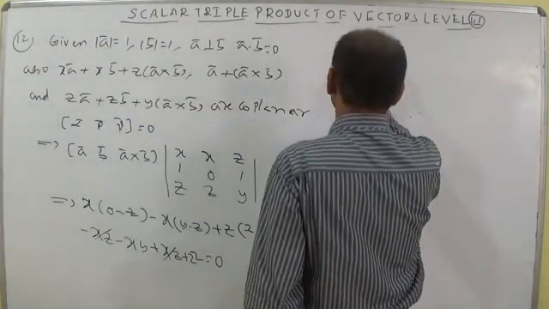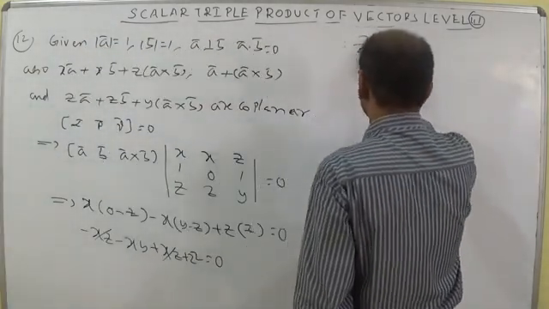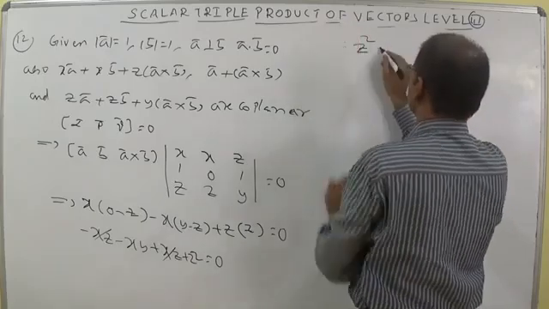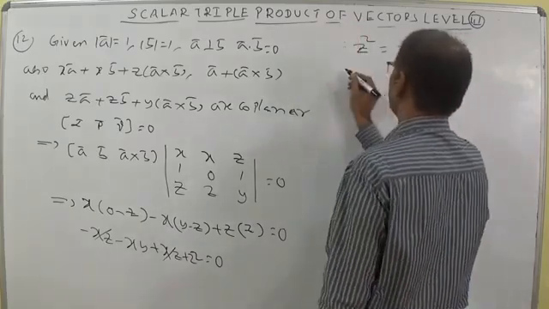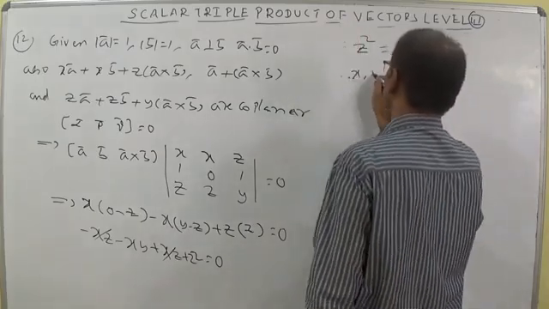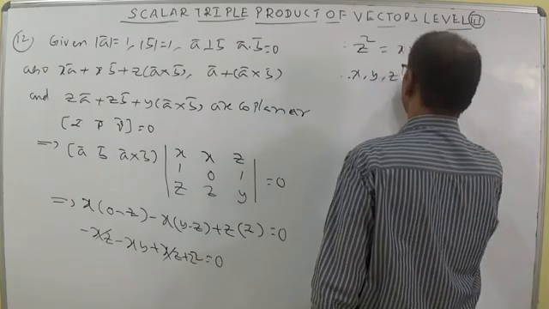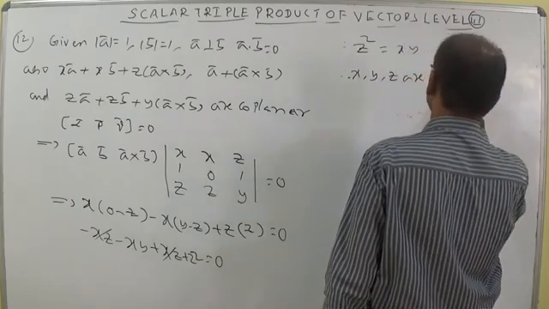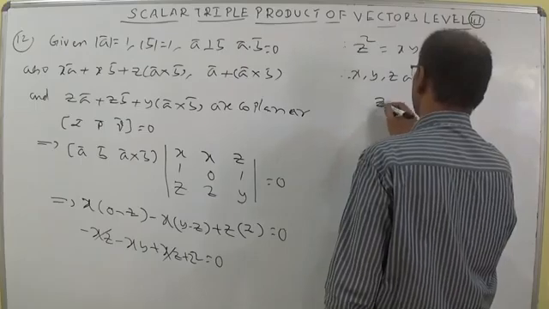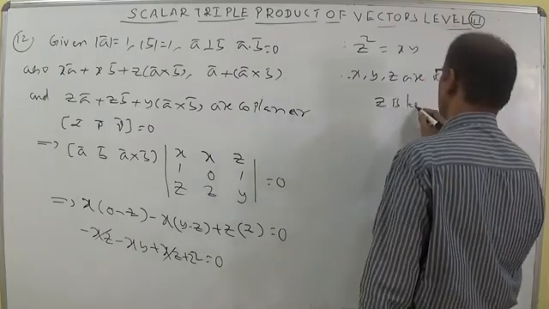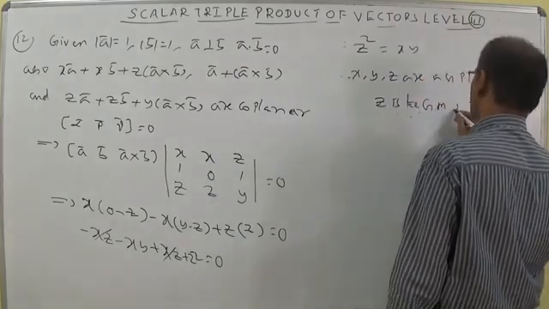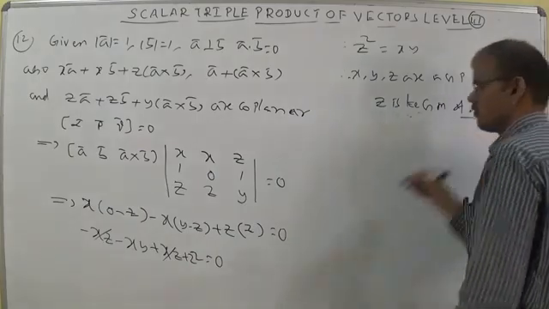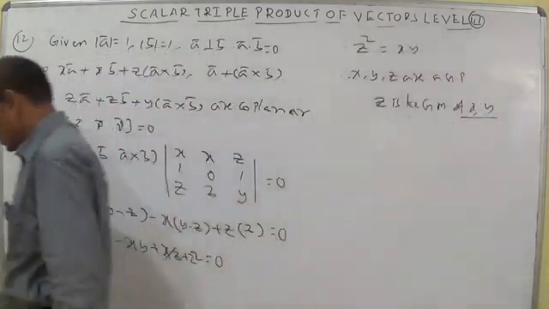Therefore Z square is equal to XY. Therefore, you can say that X, Y, Z are in GP and Z is the geometric mean of X and Y.